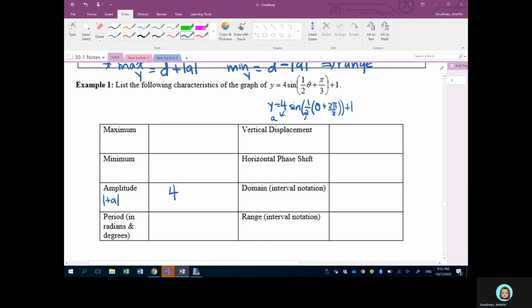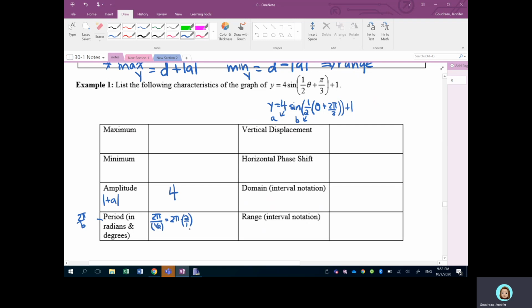B is 1/2. So if we think about it, it's being stretched by a factor of 2. When we want to calculate the period, we're going to use that formula, 2 pi over B. So it's going to become 2 pi divided by 1/2, which is equal to 2 pi times 2 over 1.